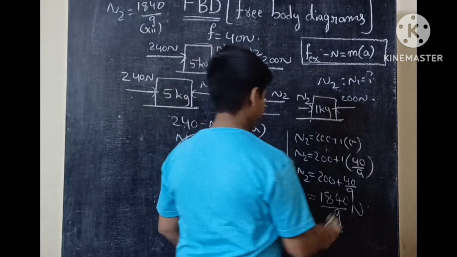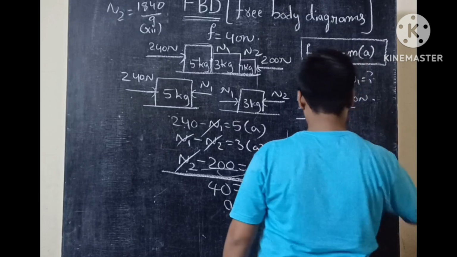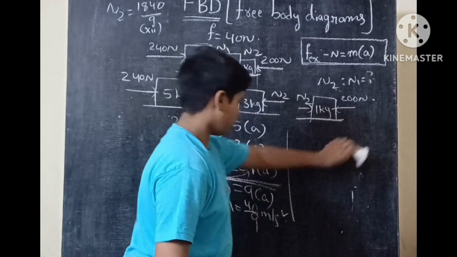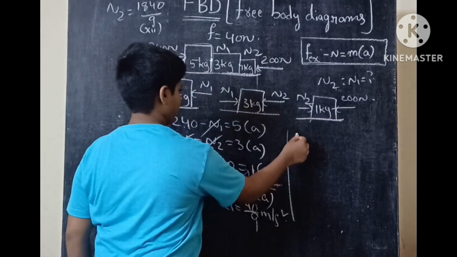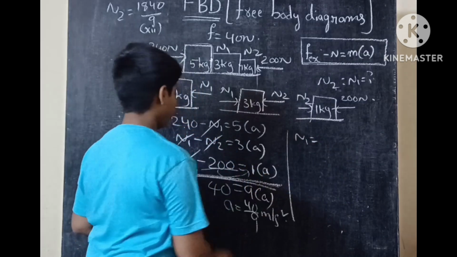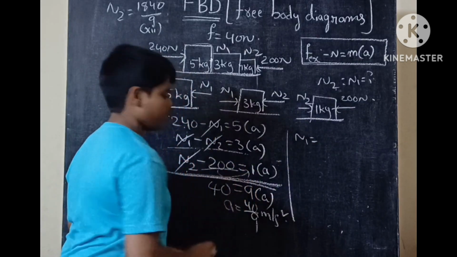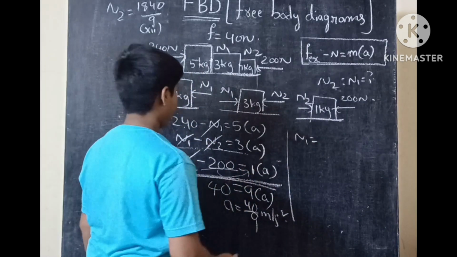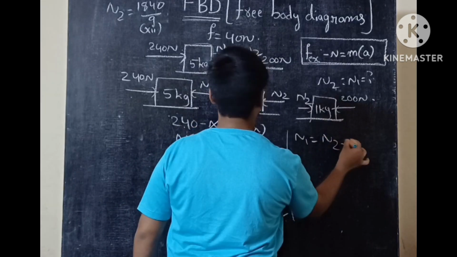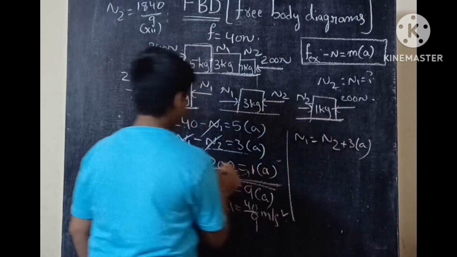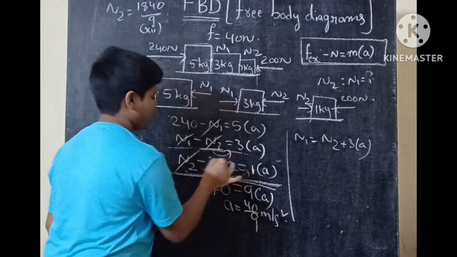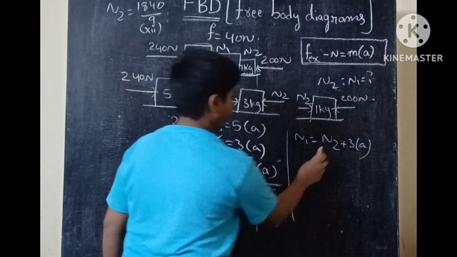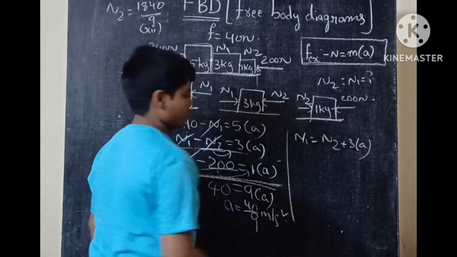Now for finding N1, if I take this equation, N1 is equal to N2 plus 3 of A, because if I transpose this term to this side, it becomes positive.